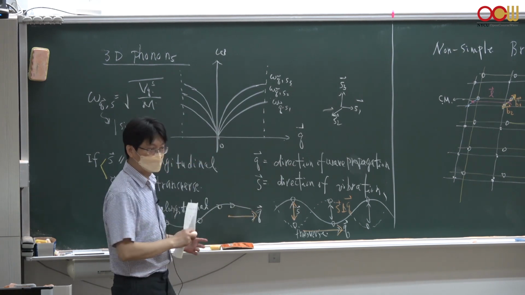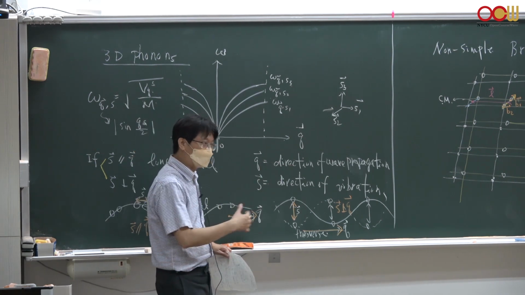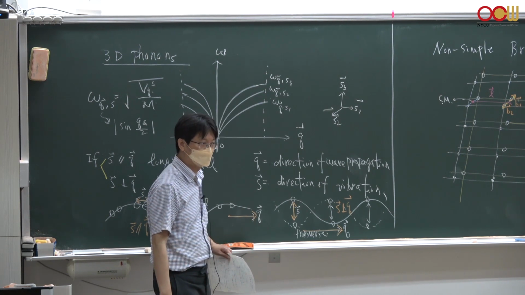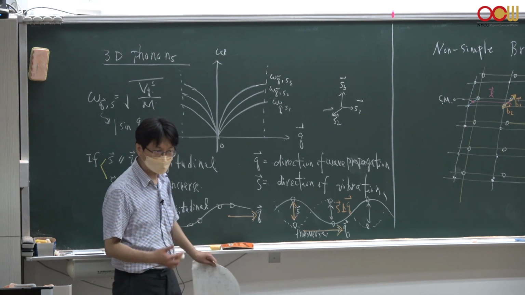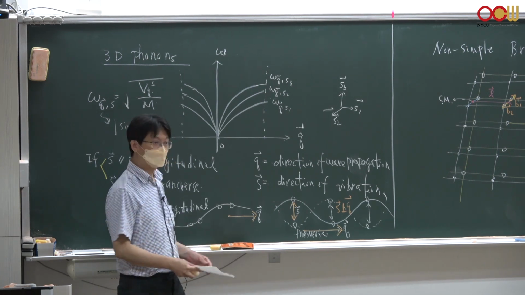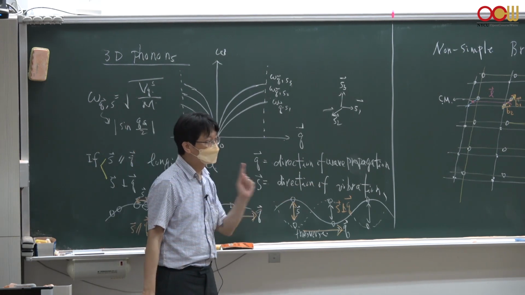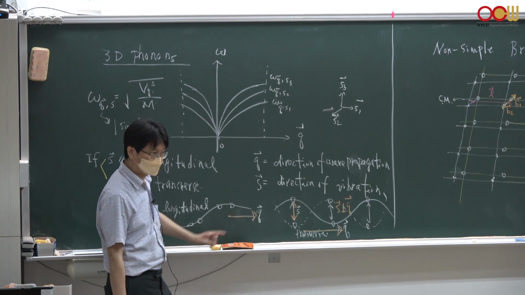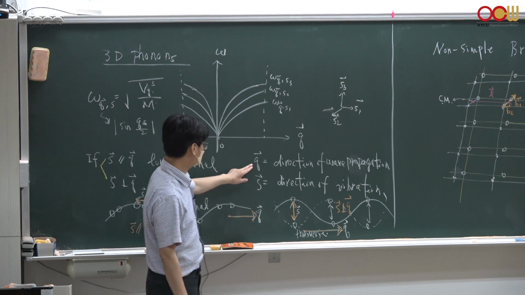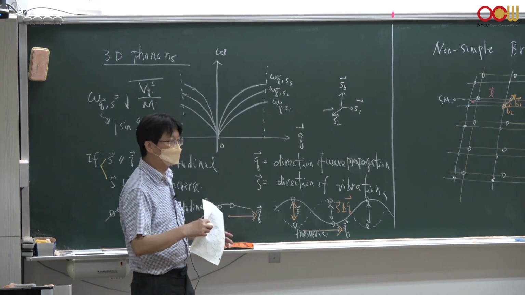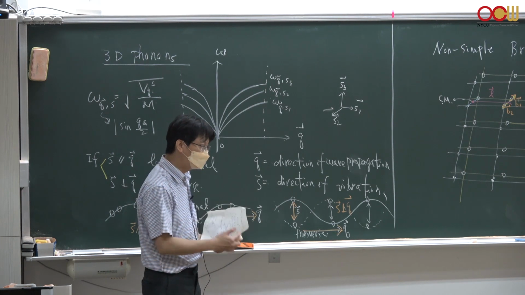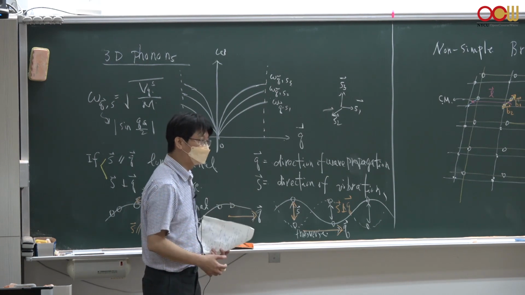Okay, so a phonon vibration is some kind of sound propagation or electromagnetic wave propagation, where the energy or momentum of that lattice vibration is pointing to a particular direction, q, but the lattice vibration can actually follow a different direction. It can be the same direction or it can be different.